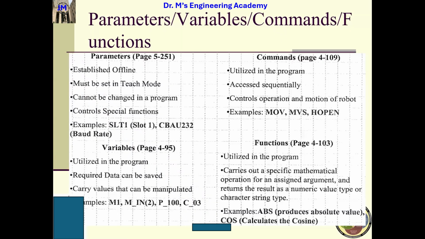It's very similar to a PLC ladder diagram, which is a specialized programming language for PLCs. But here we have MELFA BASIC 4 or BASIC 5, another new programming language. For any programming language, we always have parameters, commands, variables and functions.